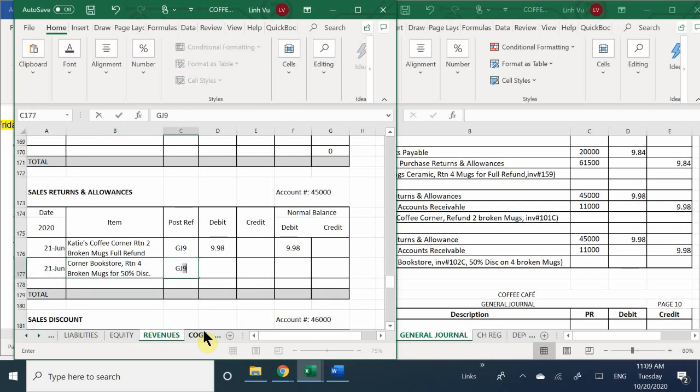General Journal number 9. Okay, and how much was that discount for? Debit $9.98, giving me a grand total.